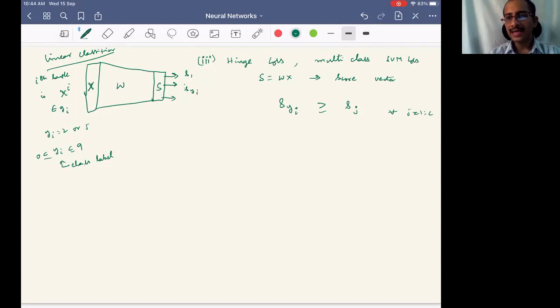It compares the score of the correct class with respect to the other classes and tries to maximize the score of the correct class compared to the others.